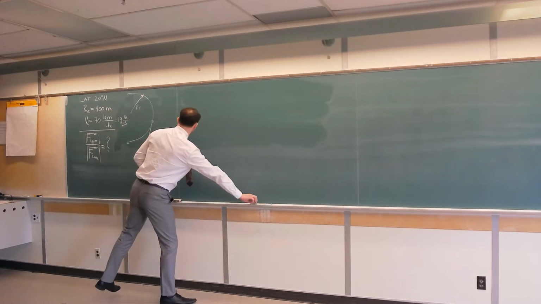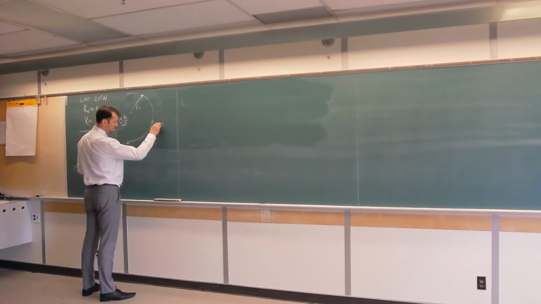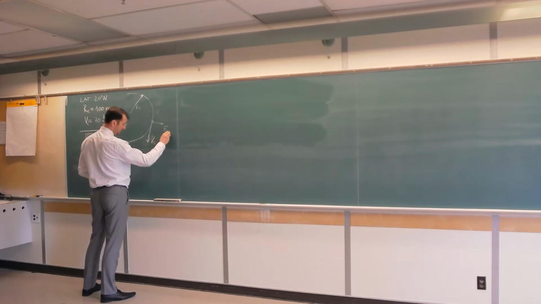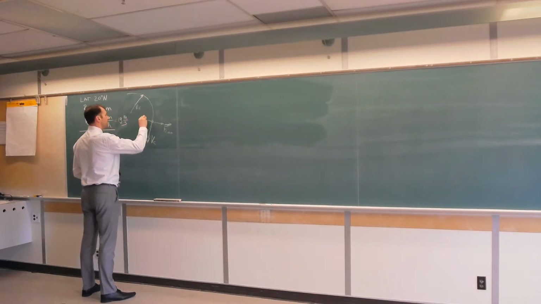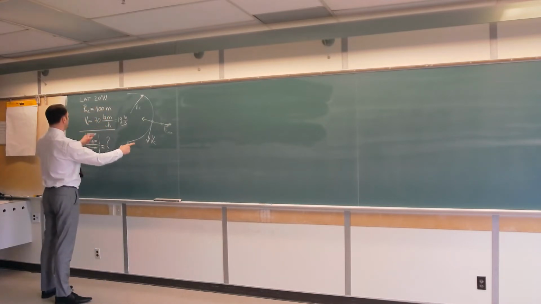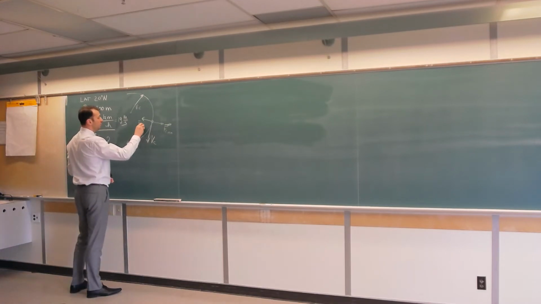Now notice that in this problem, centrifugal force is acting outward. So this would be F_CF. And the Coriolis force is deviating this towards the right because we are in the northern hemisphere, so this would be F Coriolis.